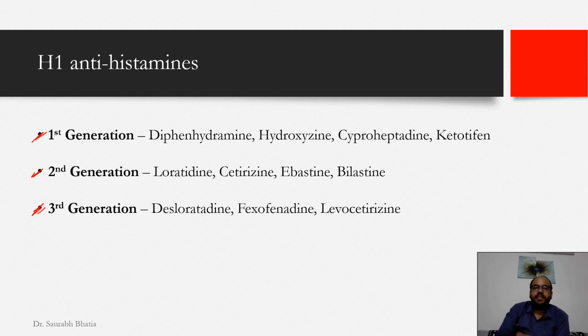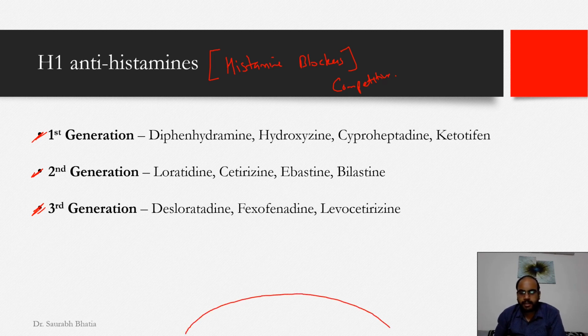Now, initially, these antihistamine were thought of as histamine blockers, more like competitive blockers. So what happens is, let's say you have the surface of mast cell and you have a histamine receptor, and this is histamine. So normally histamine will attach to the receptor and it will lead to all the effects.